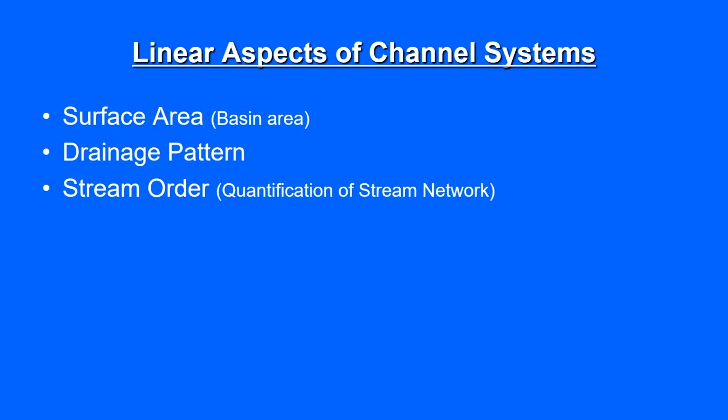We'll try to see how these can be used for different hydrological purposes, and what the role of the surface area of the basin and the drainage pattern will be, as I told in the previous slide, in identifying the subsurface material that exists. Based on the stream orders and all that, we will also do one exercise on bifurcation ratios and why they are important, that also we will discuss.